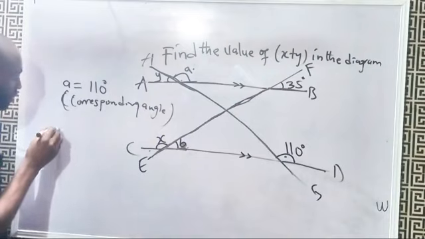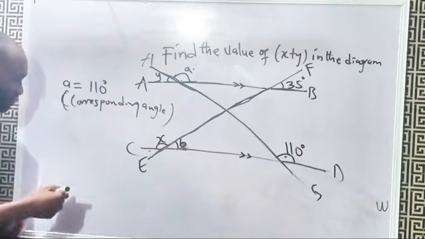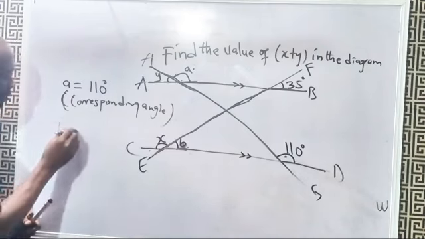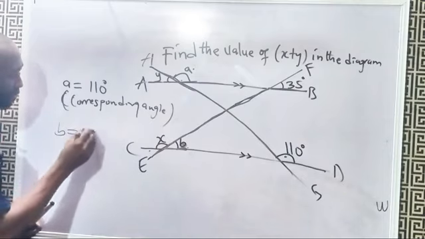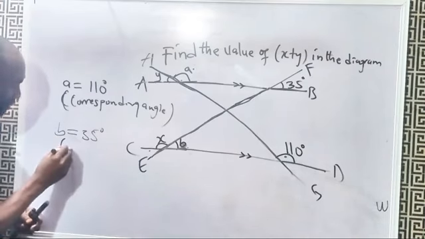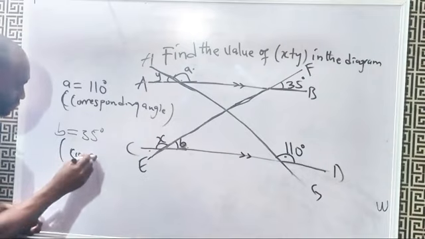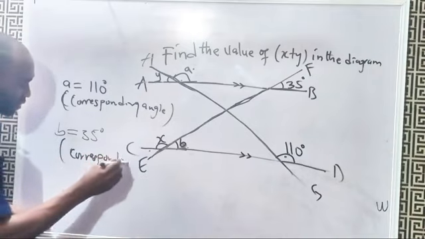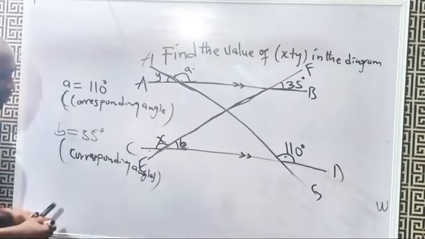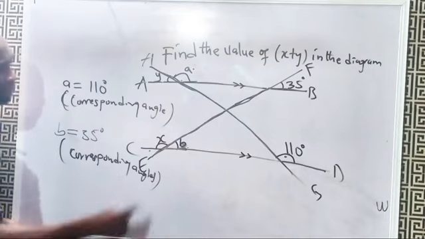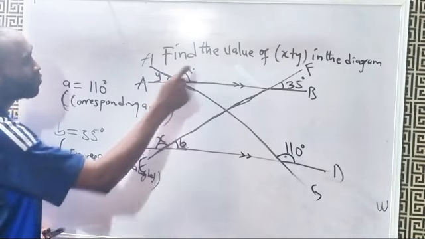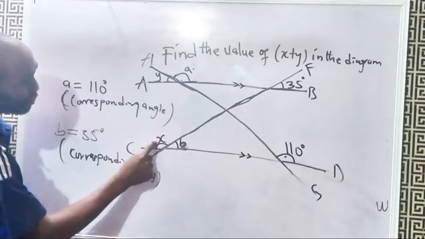So B is equal to 35 degrees. The reason is corresponding angles.